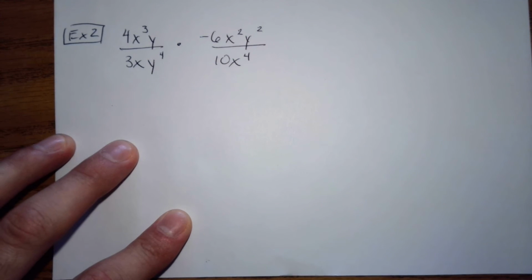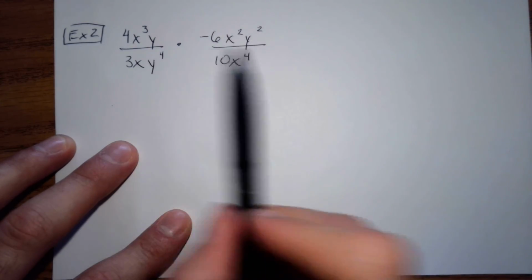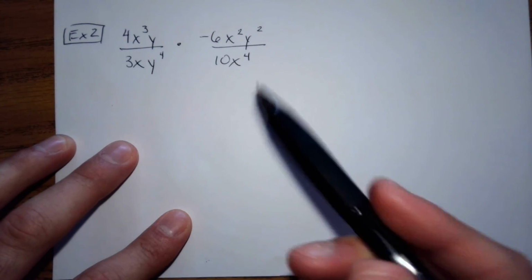These have the same instructions. Simplify. The way that I'm going to do it is first put everything in parentheses and write it with one fraction, like one division bar.